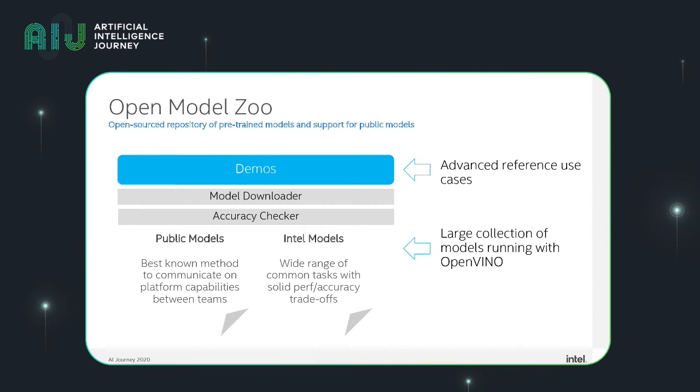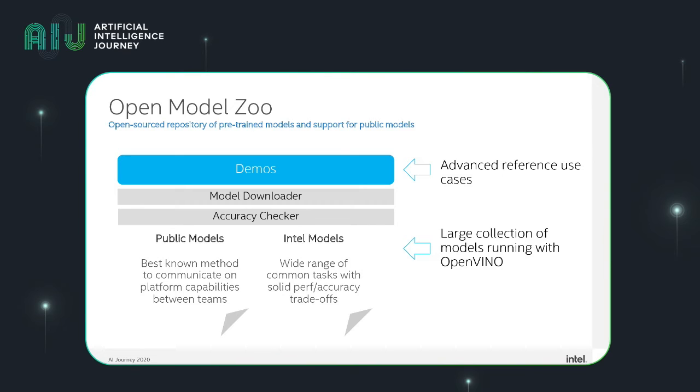Now, the next OpenVINO component, which is Open Model Zoo. We have public models here that you all know and have heard of, with the model downloader, and we have models that are trained here by our algorithms teams. They solve a narrow case, like recognition of vehicle signs or vehicle plates.